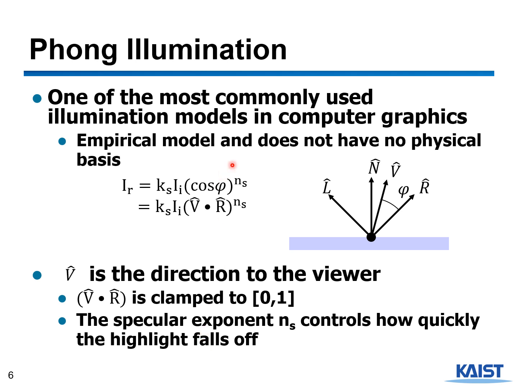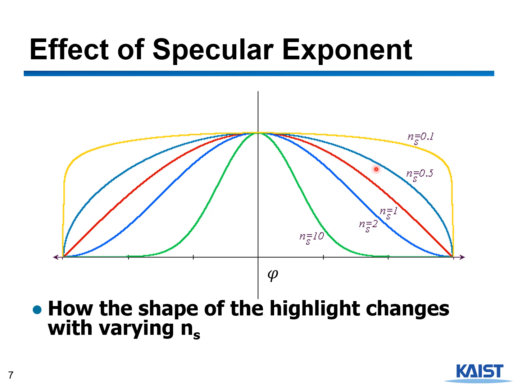The specular exponent ns also controls how quickly the highlight falls off. For example, when ns is very small, like 0.1, we maintain a lot of energy, but it falls down as phi gets larger. In other words, the viewing direction is very far away from the reflection vector R.